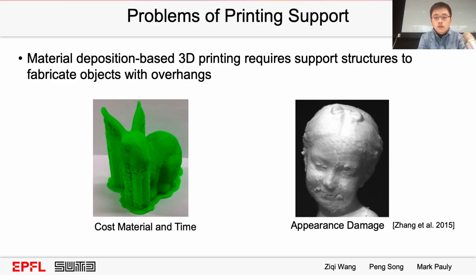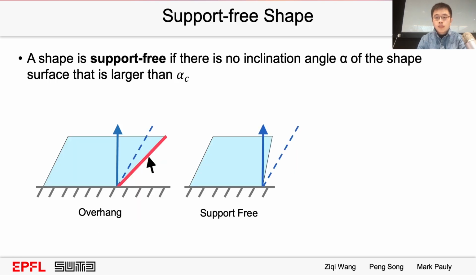Spot material, though it can be printed at a low filling rate, still slows down the printing process, causes excessive printing material, and damages the smoothness of the printed surface. When the surface inclination angle alpha is smaller than a critical inclination angle alpha c, 3D printing material can be accumulated without extra spot structures because of the strong adhesion between successive layers.